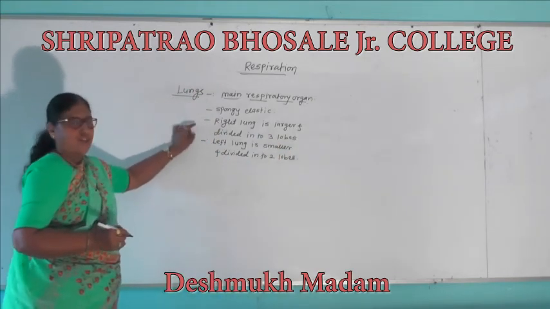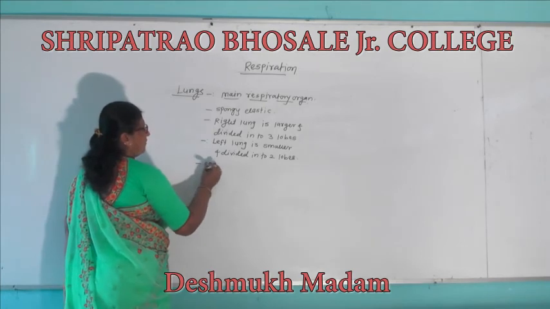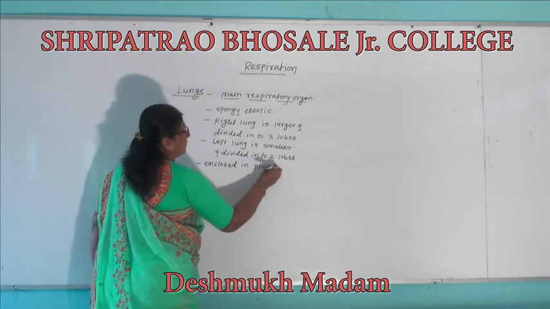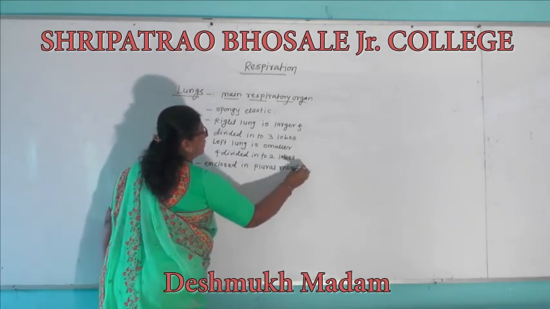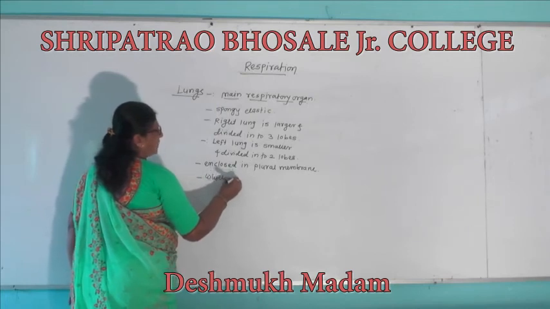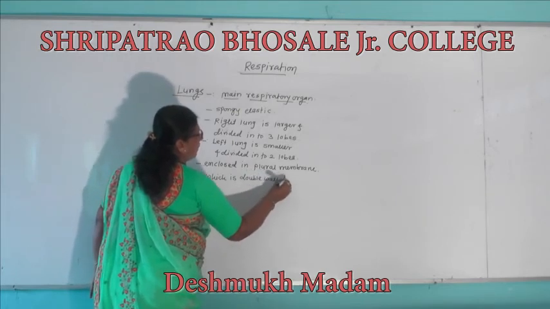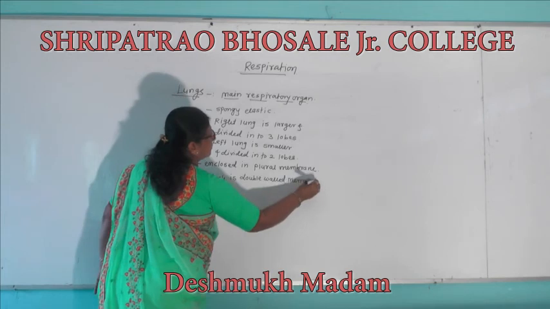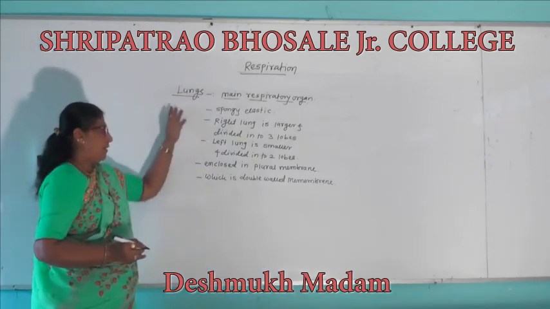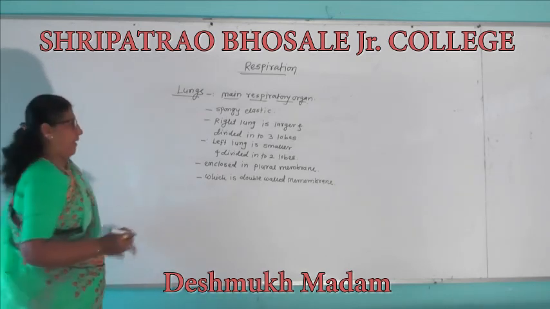The spongy, elastic, lobulated lungs are enclosed in a pleural membrane, which is a double walled membrane.